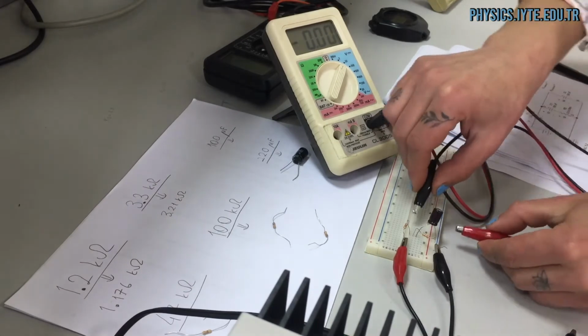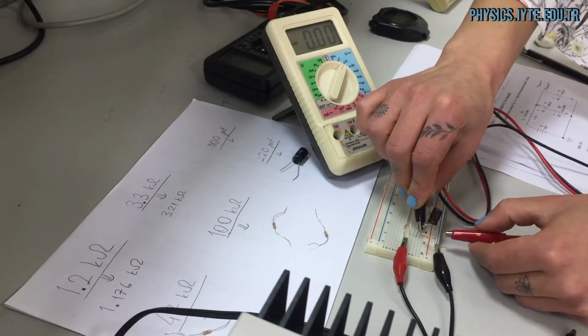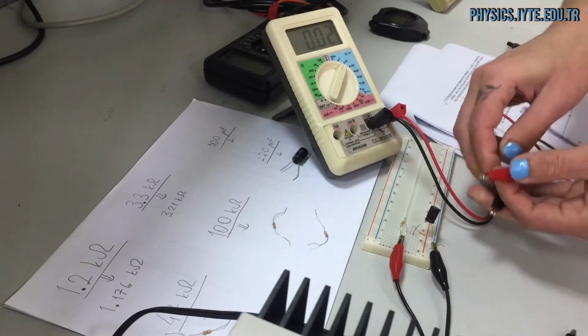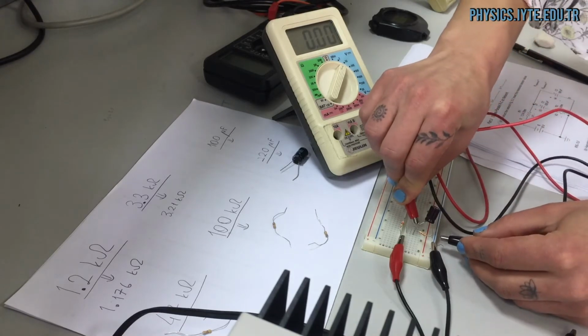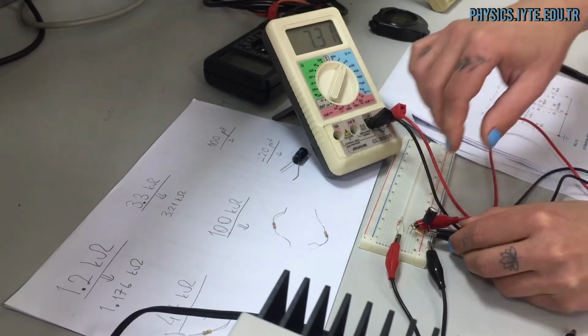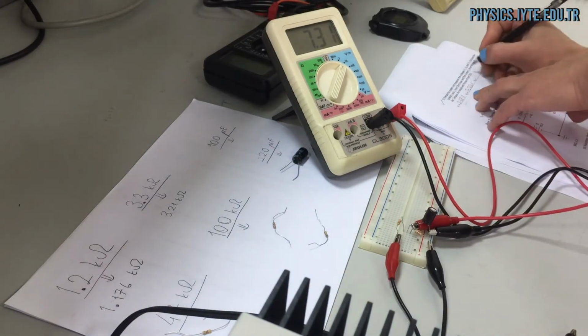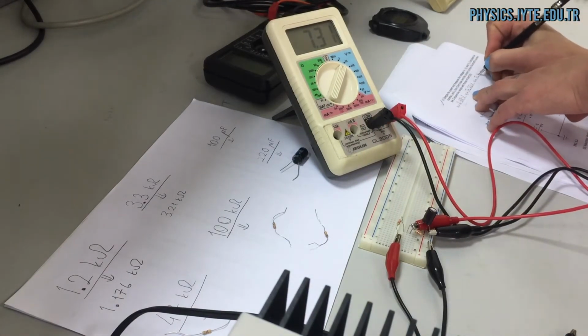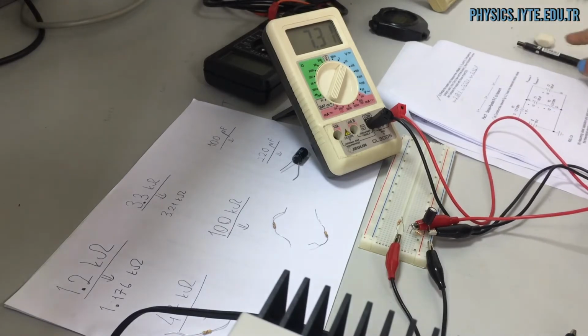And as a third value, the voltage across the capacitor will be noted as 7.32 volts.